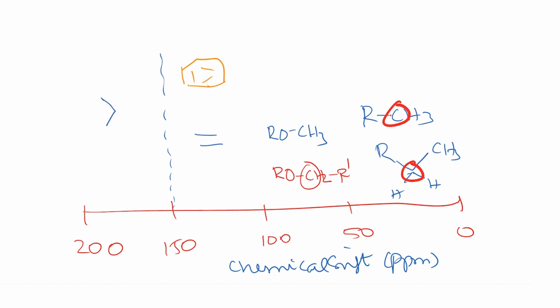And lastly, as you would have correctly guessed, the carbon attached to a carbonyl typically shows up between 150 and 200. So, together, if you record the proton NMR as well as the carbon NMR, you get a very, very good idea about what kind of functional groups, what is the local environment, etc. Okay. So, therefore, together this is going to be very useful in determining the structures of molecules.